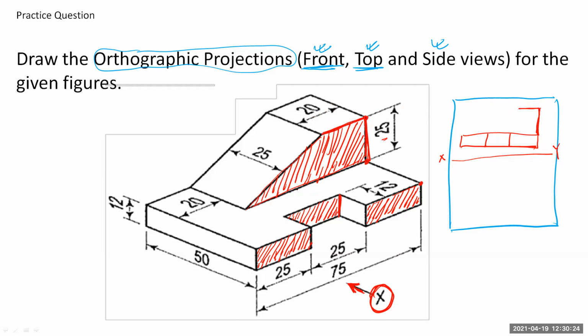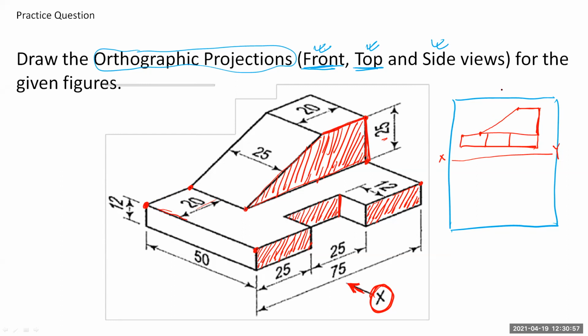Now again you can see this corner and this corner will be coinciding. So from this line again you have to move 20 distance to get these corner points. Suppose it is coming at this location, and then you can connect to this portion.